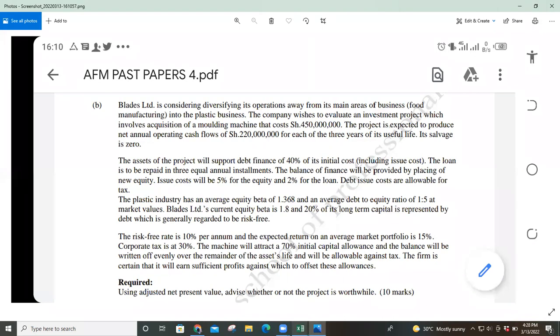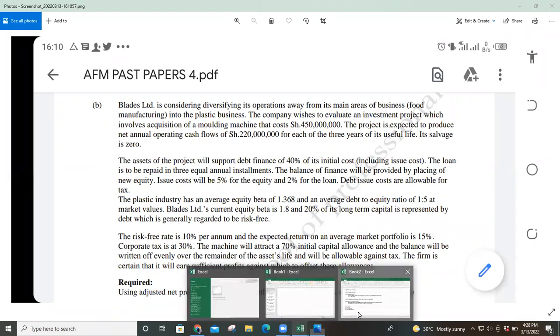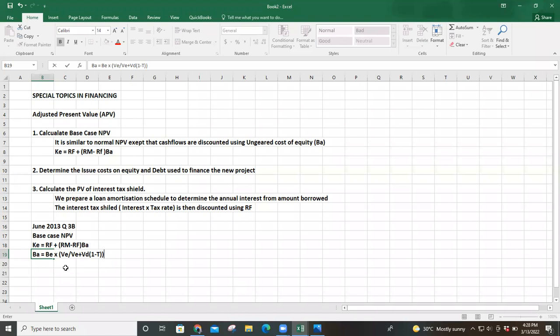So our BE, 1.368, times equity 5 divided by 5 plus 1 debt adjusted for tax.